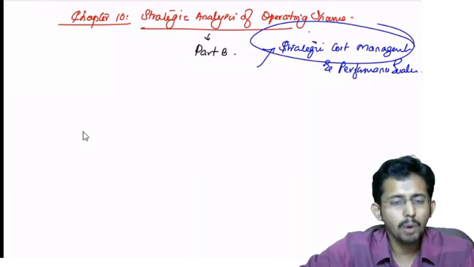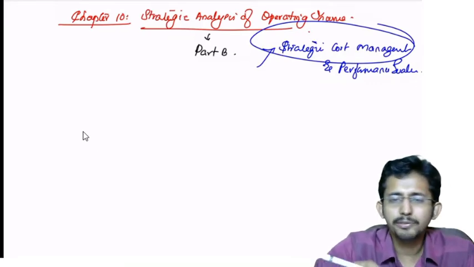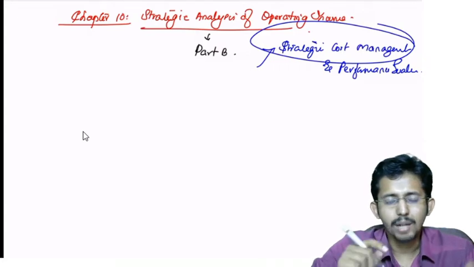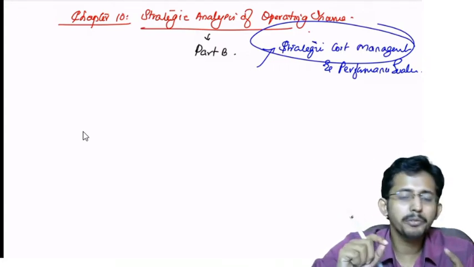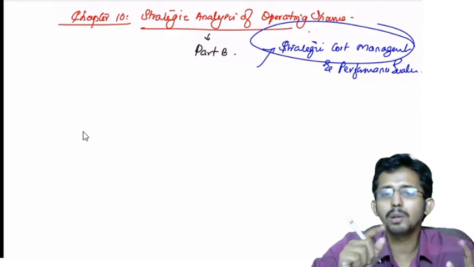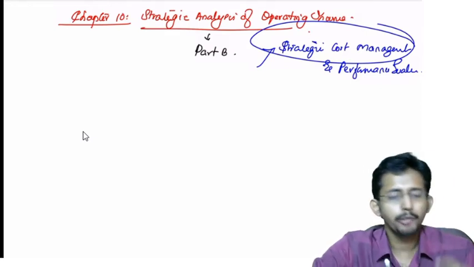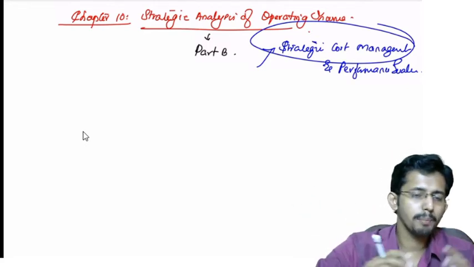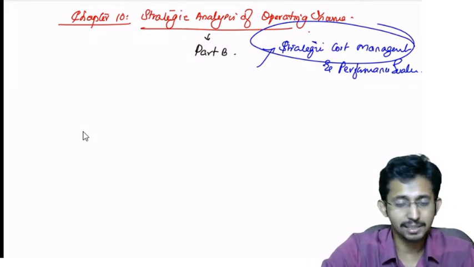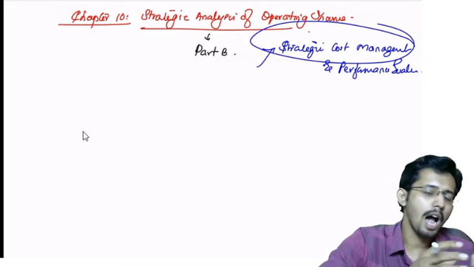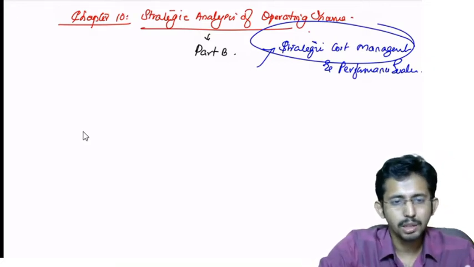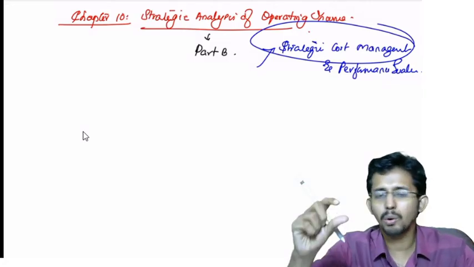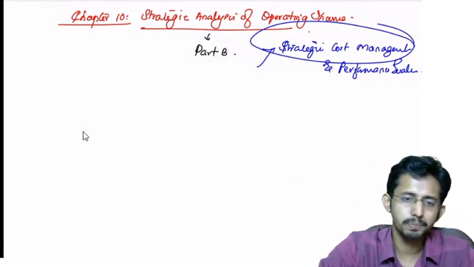Now, it is not enough that you have certain strategies for managing your cost. Once you have strategies, you have to evaluate the impact of those strategies. If you are implementing Six Sigma, or if you are implementing TQM for managing your cost as a strategy, then after that particular period is over, you will have to evaluate how this strategy worked out on your cost as well as your revenue.